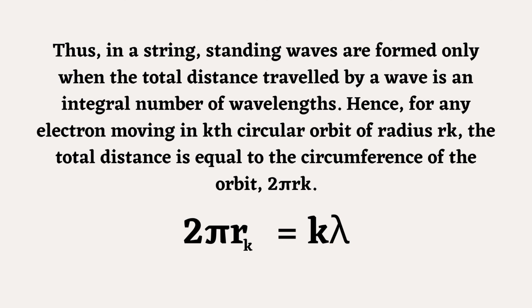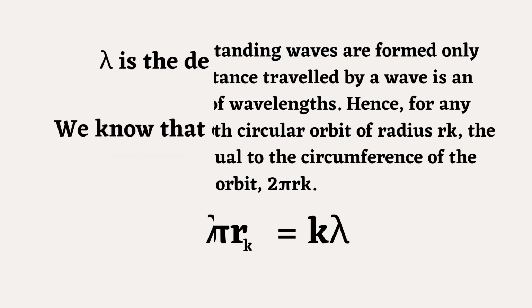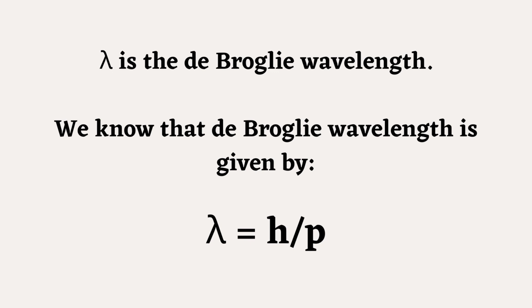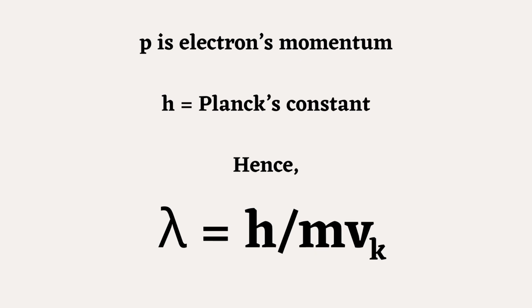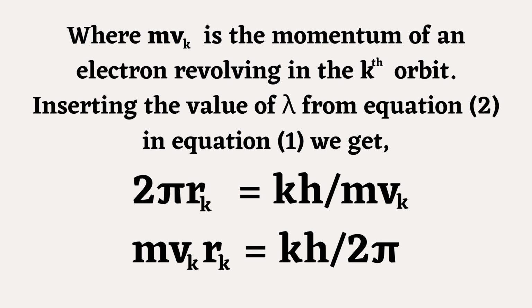And 2 pi r_k is equal to k lambda. We have equation 1, where lambda is the de Broglie wavelength, and we know that the de Broglie wavelength is given by lambda equals h over p, where p is the electron's momentum and h is Planck's constant. Hence, lambda is equal to h over mv_k. We have equation number 2, where mv_k is the momentum of an electron revolving in the kth orbit.